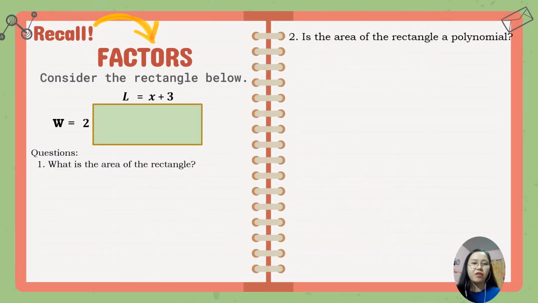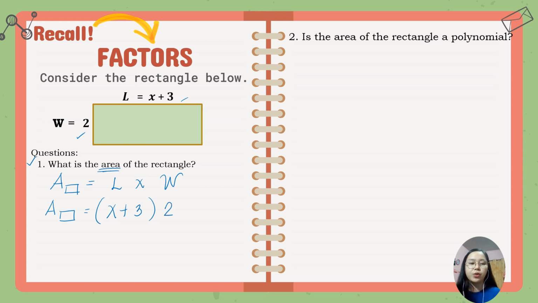So let us consider the rectangle below with the length as x plus 3 and the width equal to 2. First question, what is the area of the rectangle? The formula in getting the area of the rectangle is area of rectangle equals length times width. We will now substitute the given length, x plus 3, multiplied, I will just use parentheses, and width is 2.